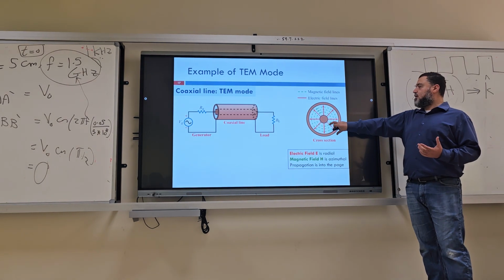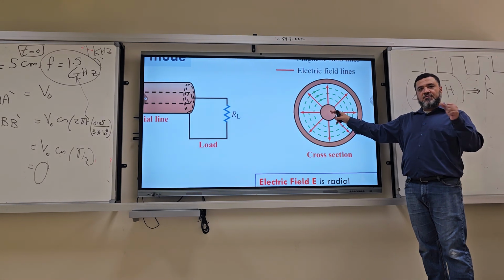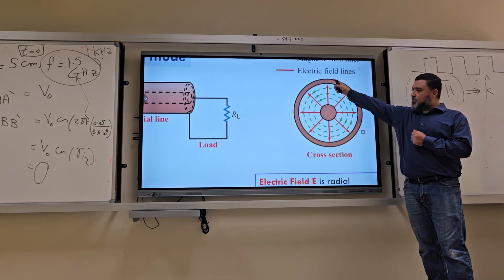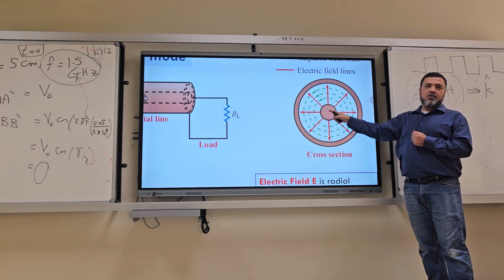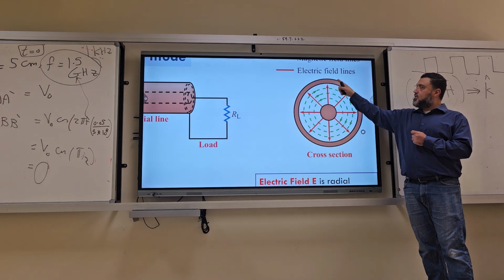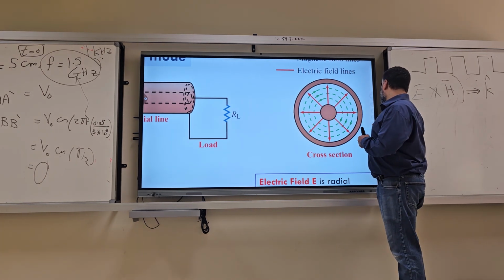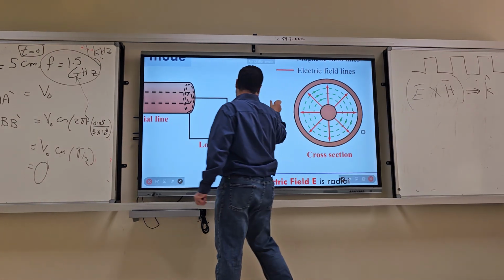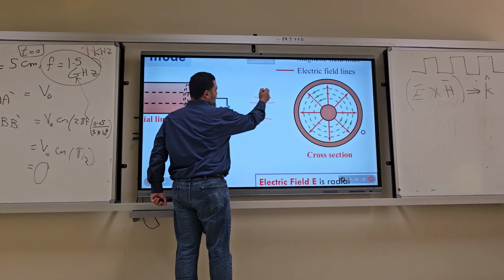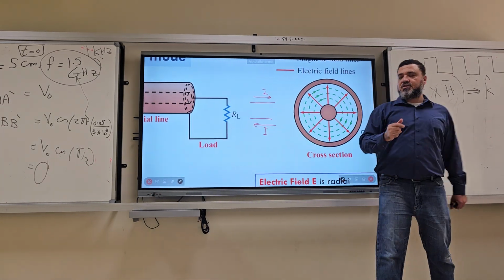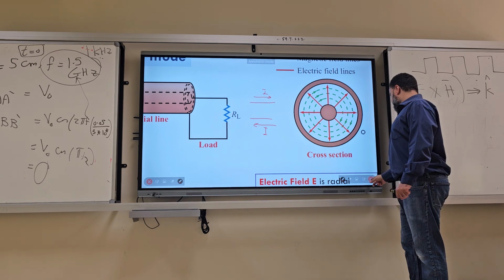So here the current in the inner conductor is in the same direction as this magnetic field. But the current in the outer conductor is opposite to this. Like any two lines, when you have two lines, one carries current this way and the other must go back, so they are opposite to each other.